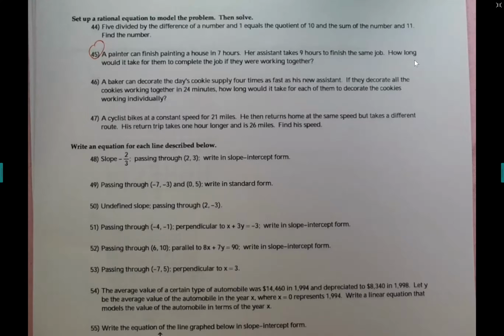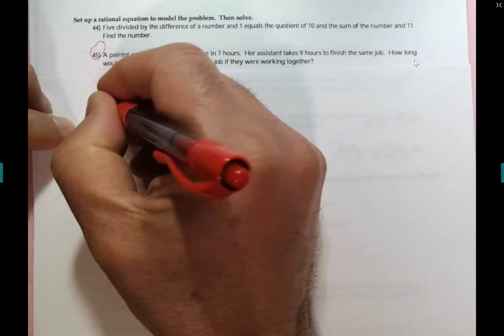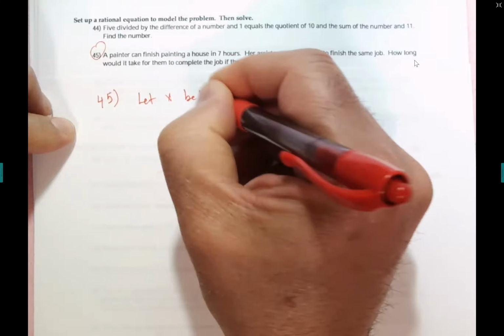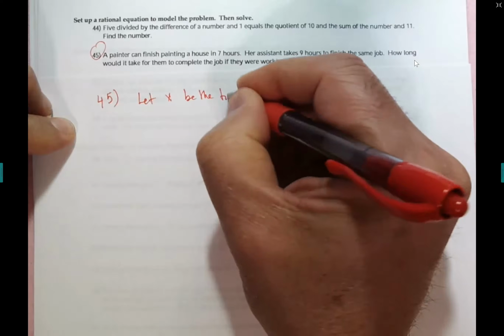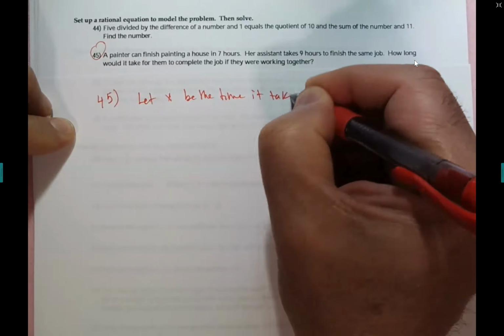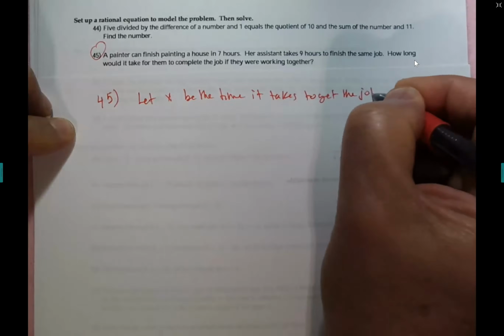Okay, here's how you set this up, guys. So for 45, you say let X be the time it takes to get the job done working together.